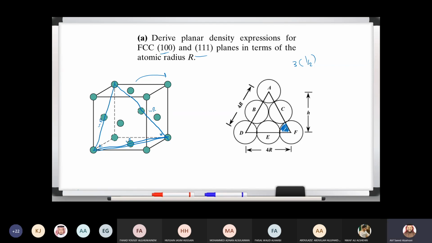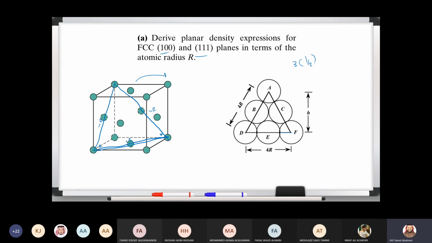Maybe 1/3. So for sure, it's not half, right? And it's below 1/3. And for sure, it's not 1/4, right? 1/4 is like this. So it should be lower than that one.